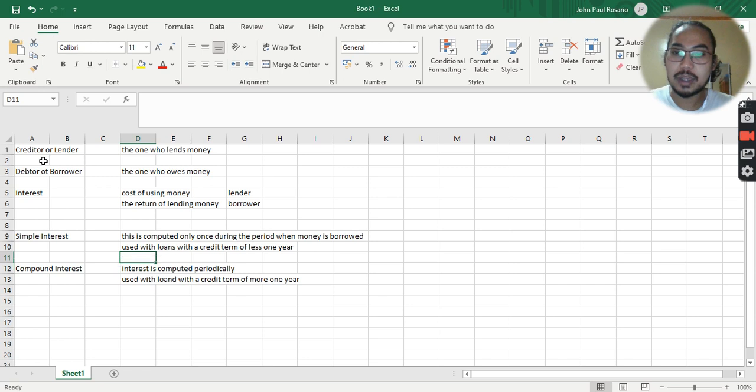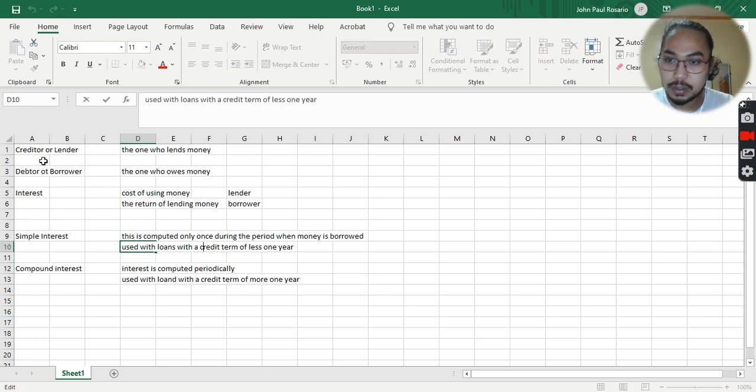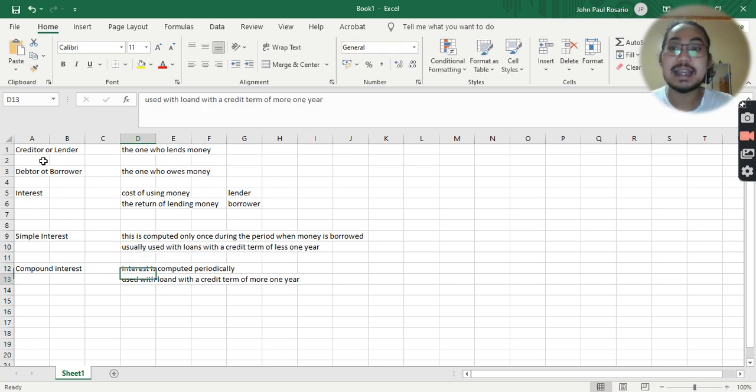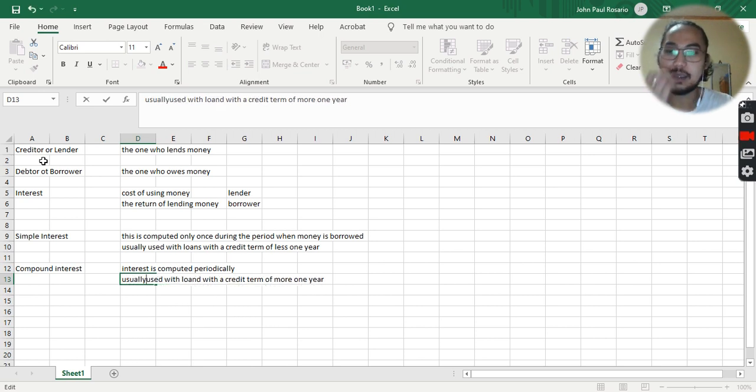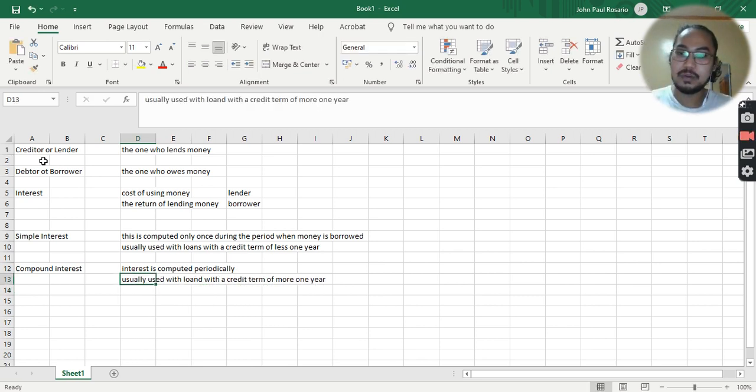It is not true for all cases, but we put usually, meaning most of the cases. So usually used with loans with a credit term of more than 1 year.